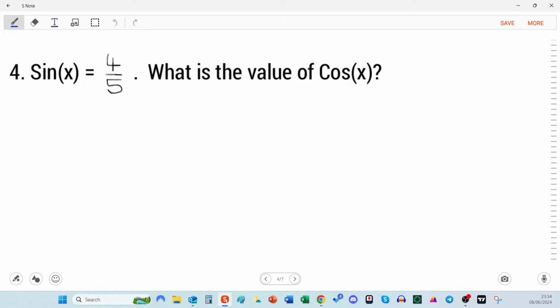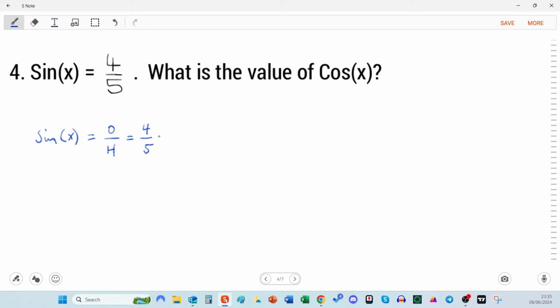You see something different and you quake in your boots, which can be the worst thing you can do, right? So let's just rethink, what do we know about sine x? Well, sine x, like sine theta, is equal to the opposite over the hypotenuse. And it says up here that that's 4/5.